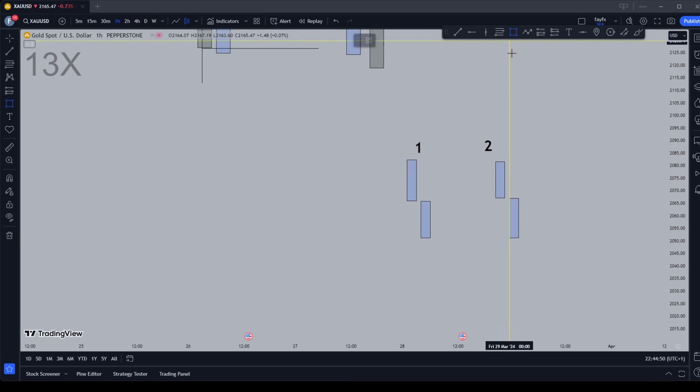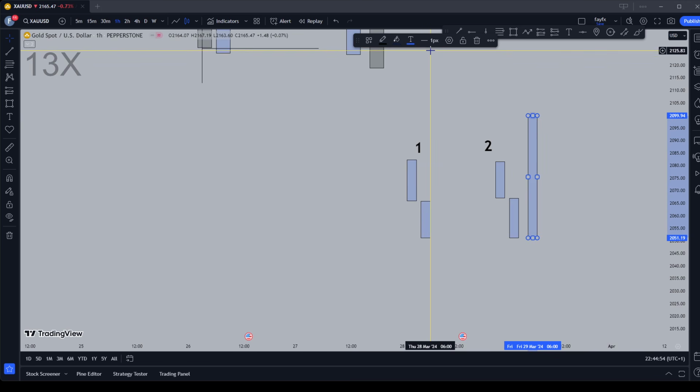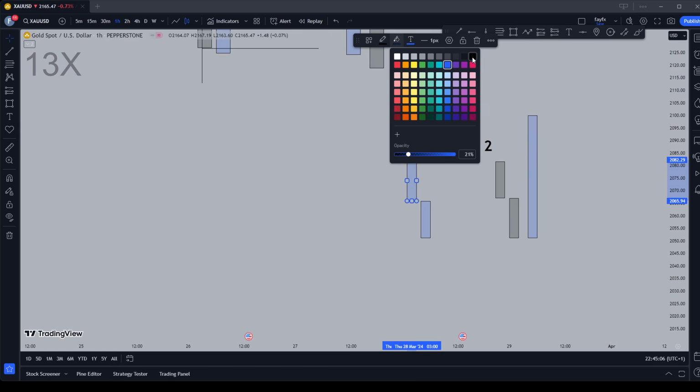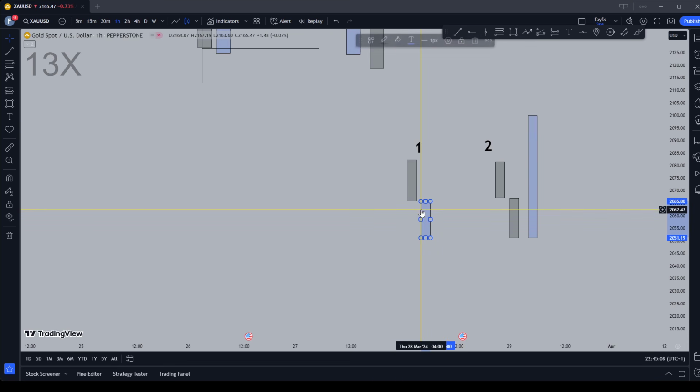same, a gap breakout. This is a breakout. Bearish gap.